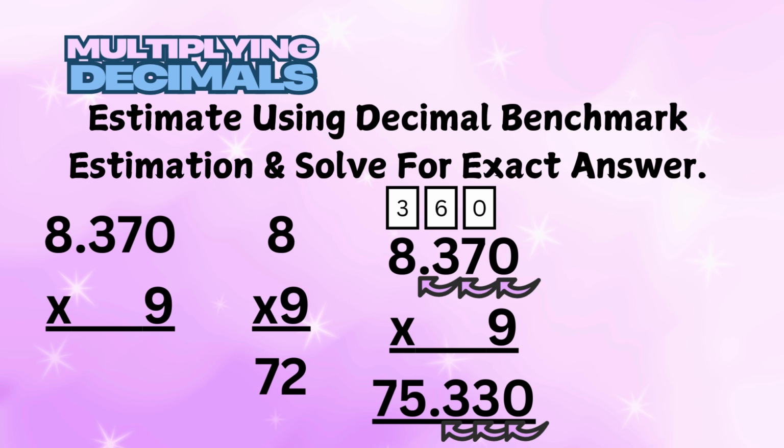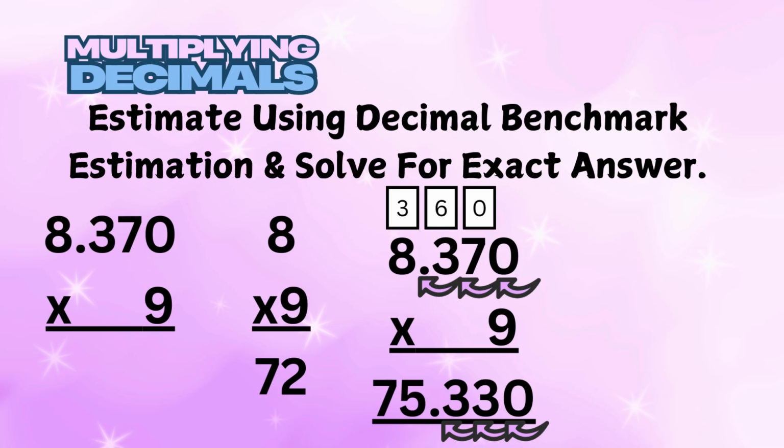In this case, it's a 3. I know that if the number is 4 or below, I round down to the nearest whole number, which would be 8. If it had happened to be 8.5, I would have rounded up to 9. But because it was the number 3, I rounded down to the whole number 8.